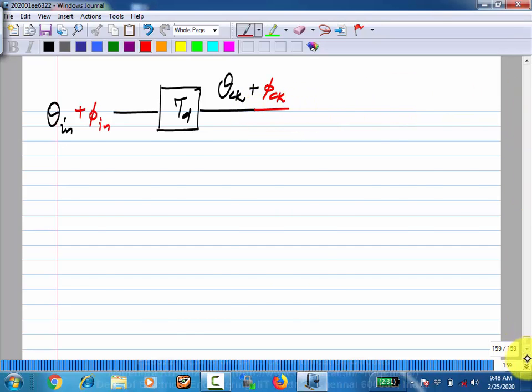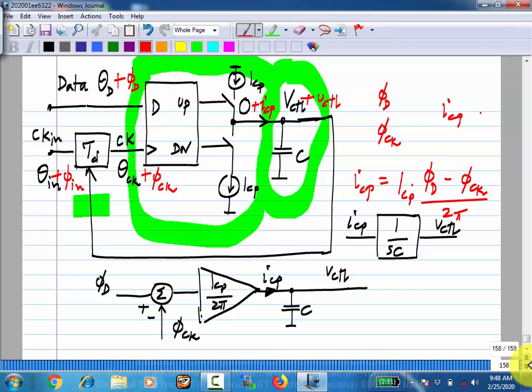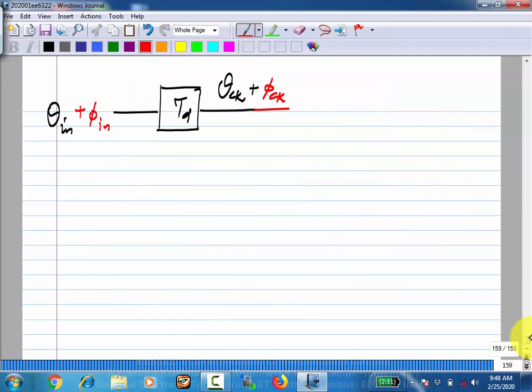So what is the model for this? First of all, what is the relationship between these two?